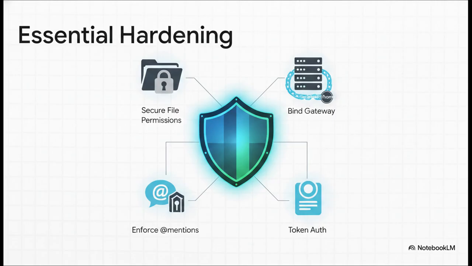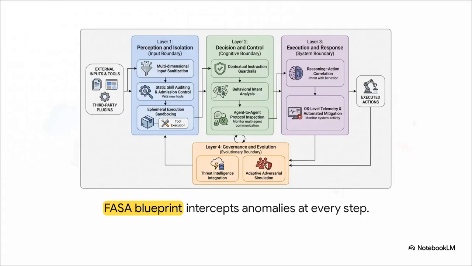That ensures it isn't accidentally exposed to your wider network. You also need to mandate token authentication to stop brute force attacks in their tracks. And finally, if you're hooking this bot up to Slack or Discord, enforce @mention requirements. You really don't want the bot ingesting and acting on every single random meme or message in a giant group chat.